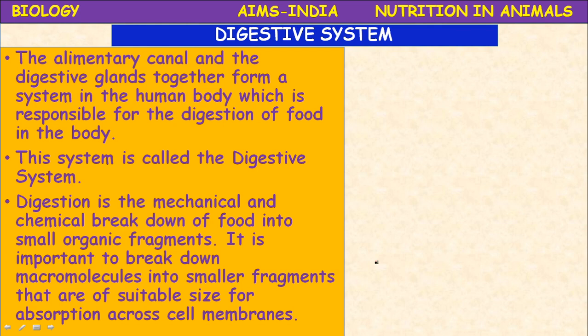The process of digestion proceeds from the mouth to the small intestine. The different parts undergo different mechanisms by which the food finally gets digested.